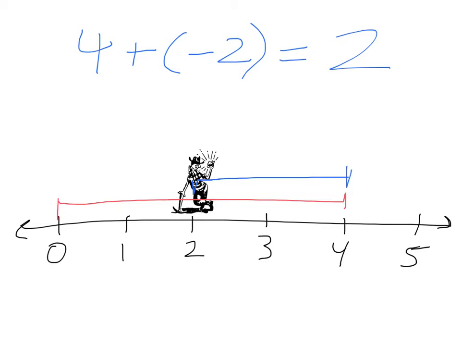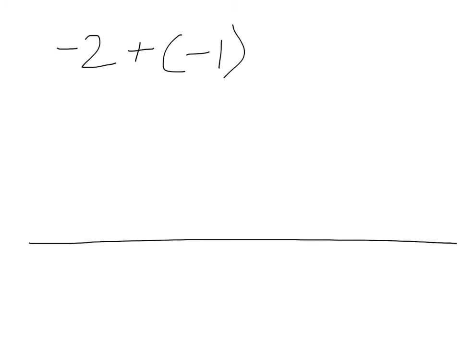Let's look at one more problem. Let's say my problem is negative 2 plus negative 1. Draw the number line. I think I'll start 0 here. Negative 1, negative 2, negative 3, negative 4, negative 5.